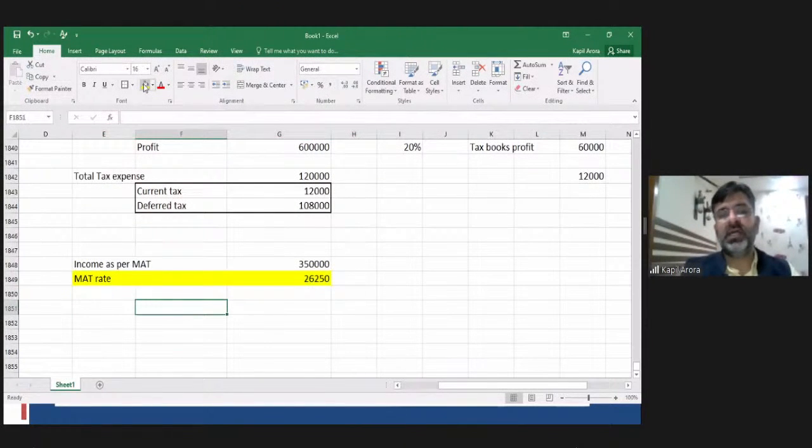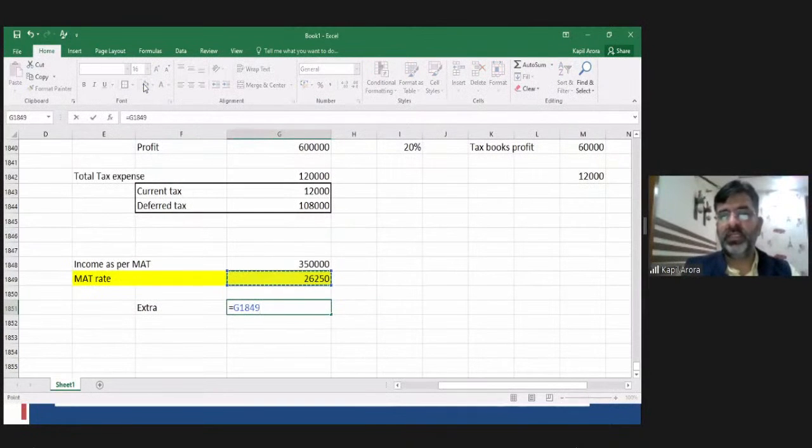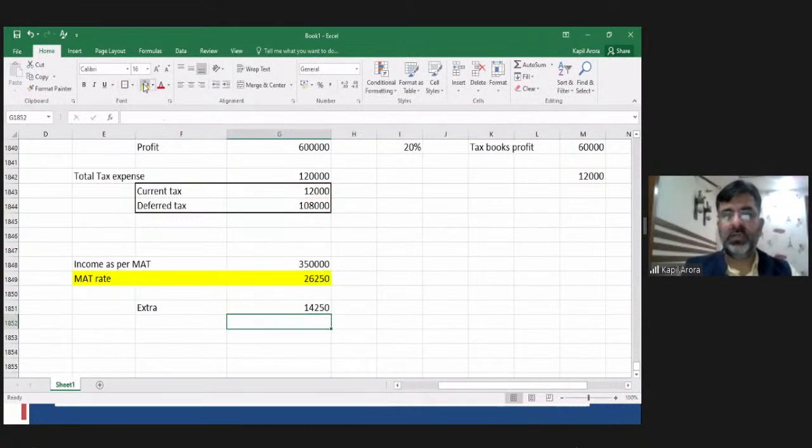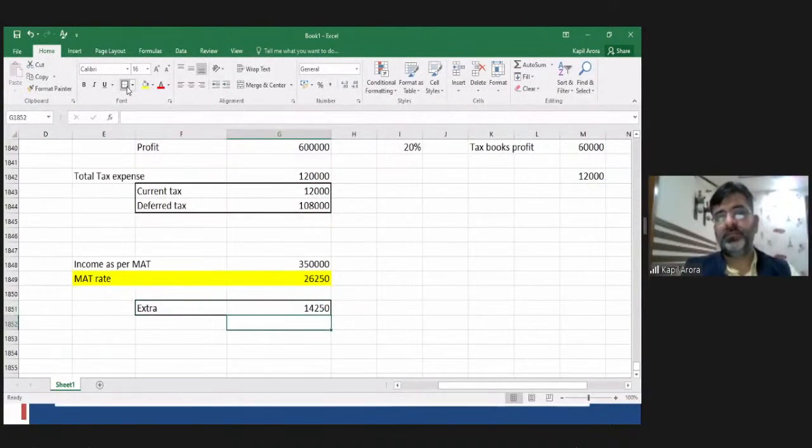If current tax is 12,000, how much extra tax does the company have to pay as compared to the current tax? It is 26,250 minus 12,000, which is 14,250. Right?